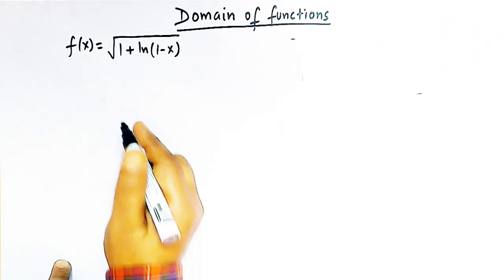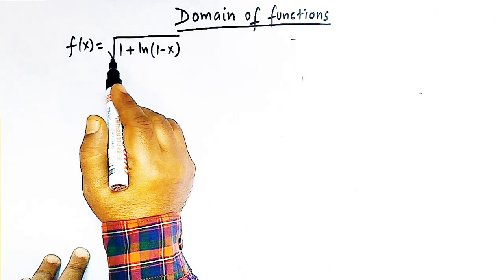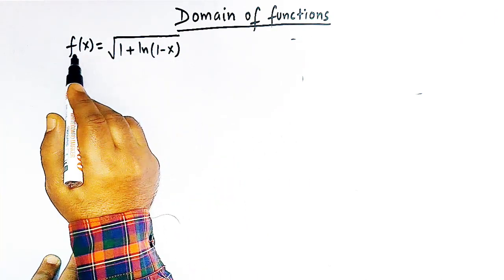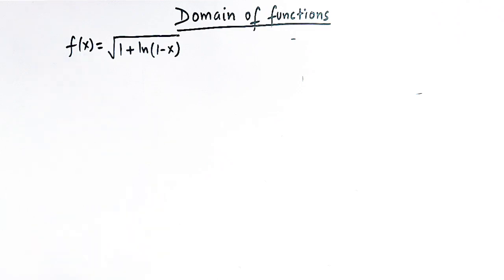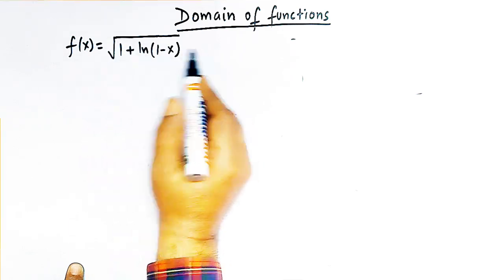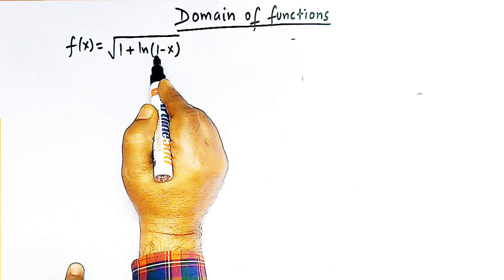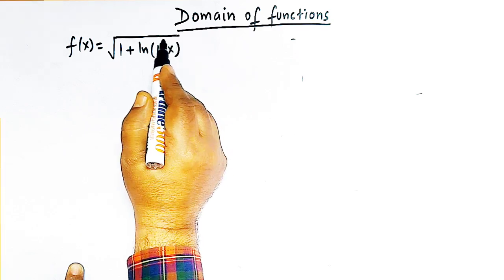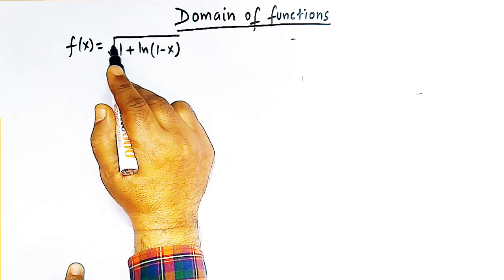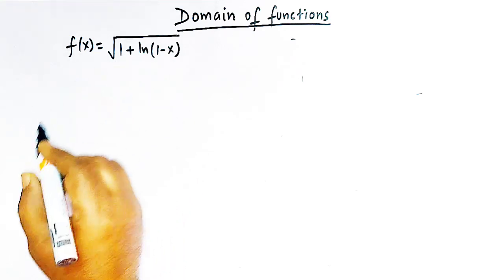Now see, we have to find all the valid values of x for which this function f of x is defined. The first thing to keep in mind is that the term inside the square root sign, 1 plus natural log of 1 minus x, must be greater than or equal to 0.